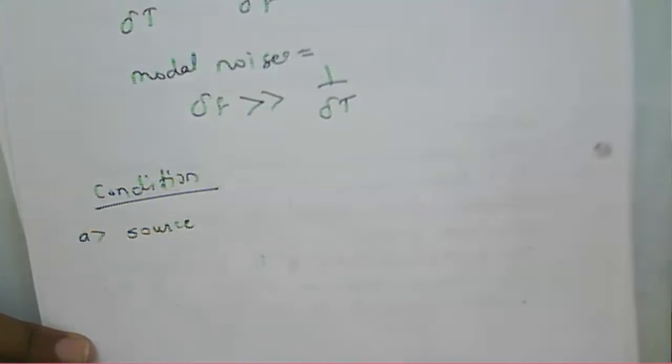Because of that, the propagation velocity will be different in the case of that coherence time. That's why it generates the modal noise.